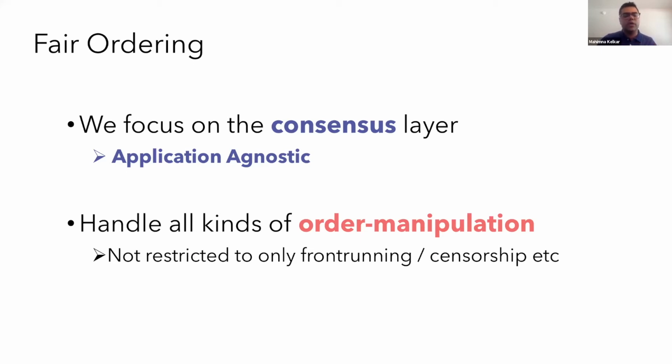And we aim to handle a more broad notion of this order manipulation that's not just restricted to front running or censorship. Basically the goal is we want to consider any possible ways in which an adversary could benefit from manipulating the transaction ordering.